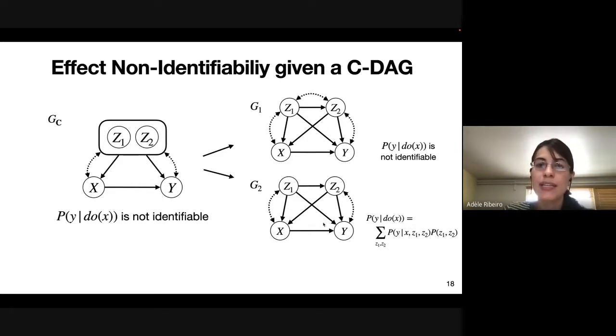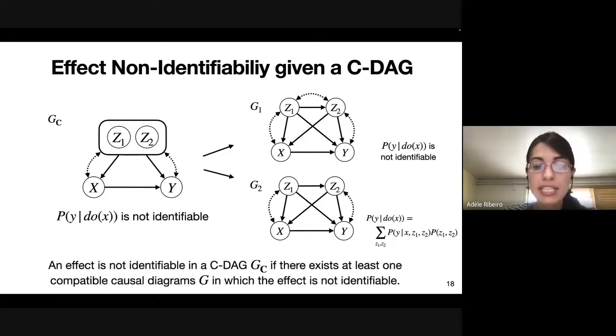But the idea here is that we are considering a scenario where the knowledge is not available. So, of course, with less knowledge, you sometimes can lose identifiability. So that's the conclusion: every time that the effect is not identifiable from a cluster DAG, it is because there exists at least one compatible causal diagram in which the effect is not identifiable.